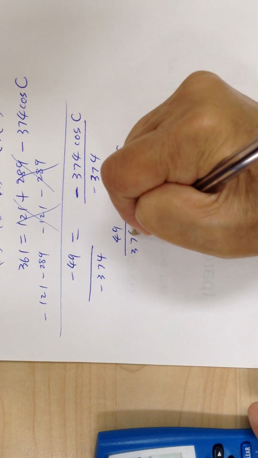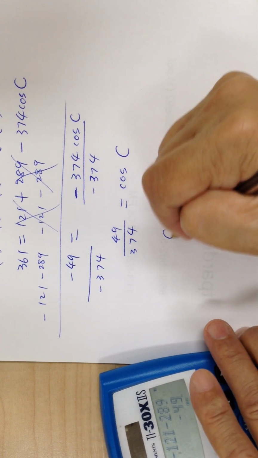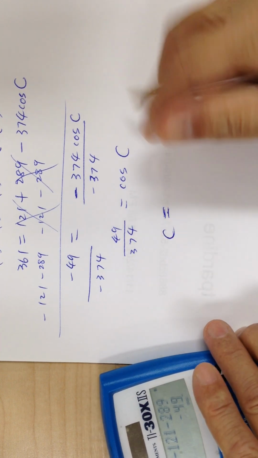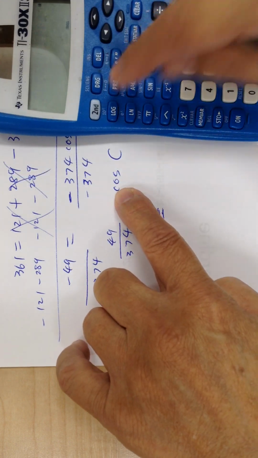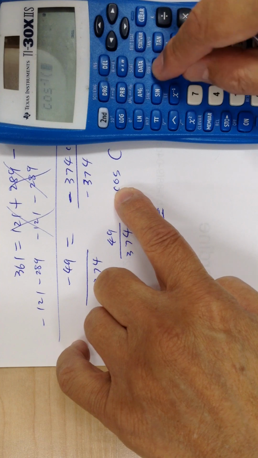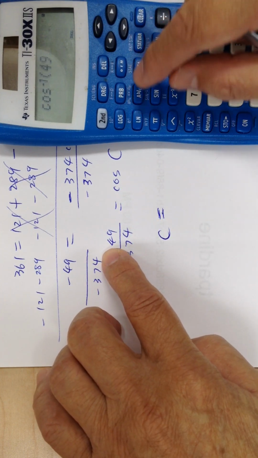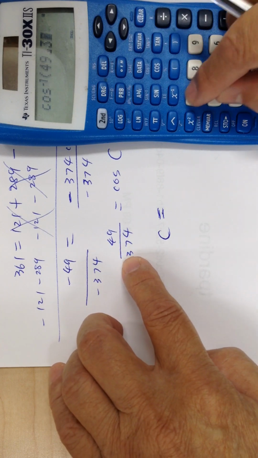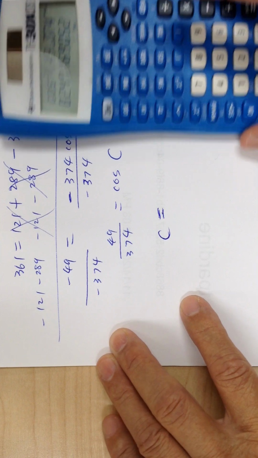Now you can find angle C. Remember, whenever you're looking for an angle, you have to use a second function, right? So you go second cosine of 49 over 374, and push equal.